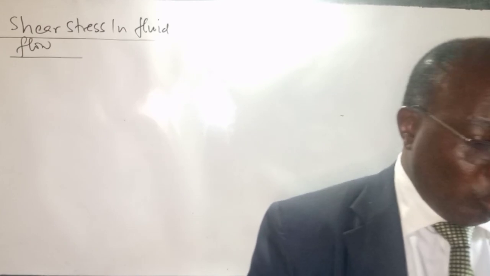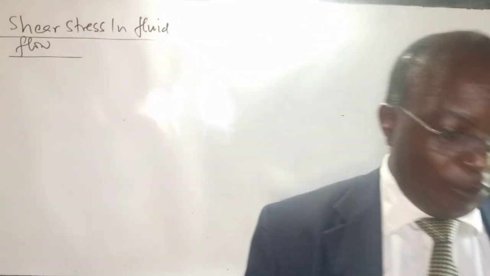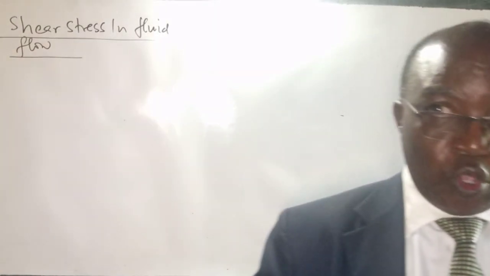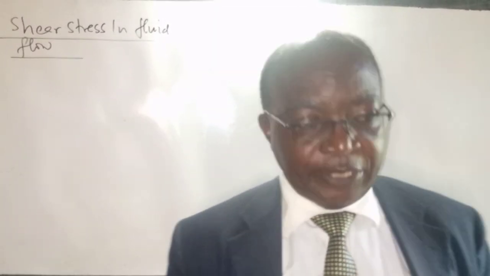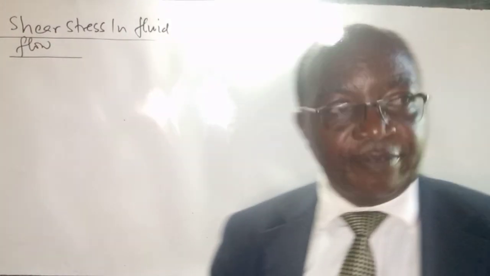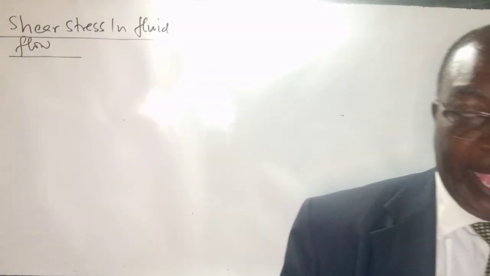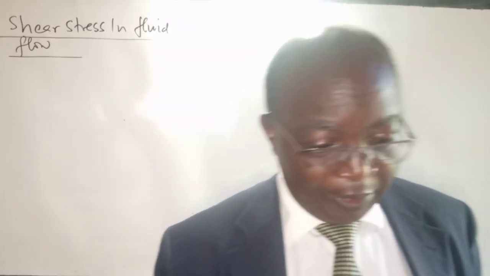And also we have talked about turbulent flow, and we said that turbulent flow is actually caused by velocity gradients within the fluid, and so there's generation of eddy currents within that particular system.